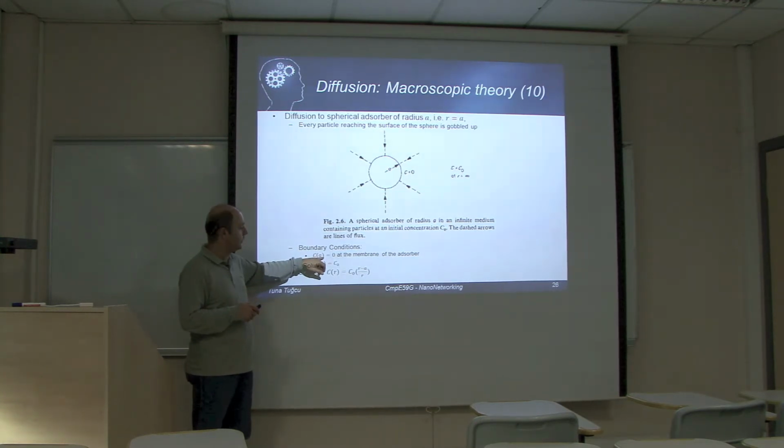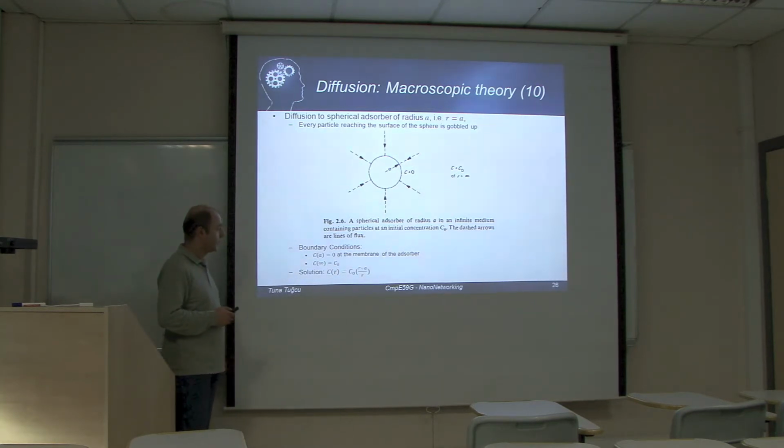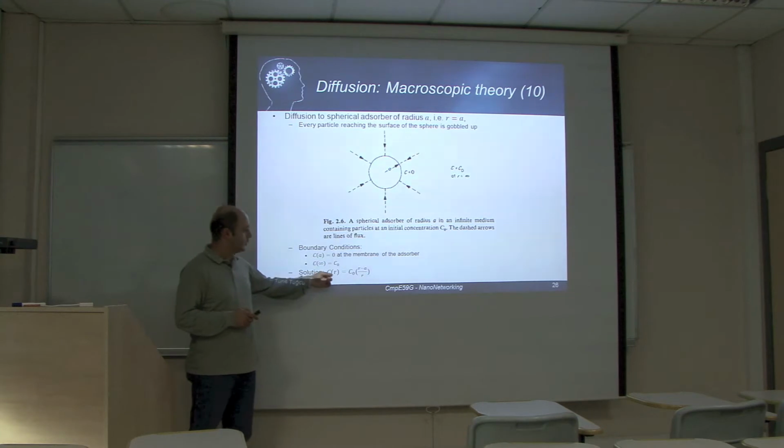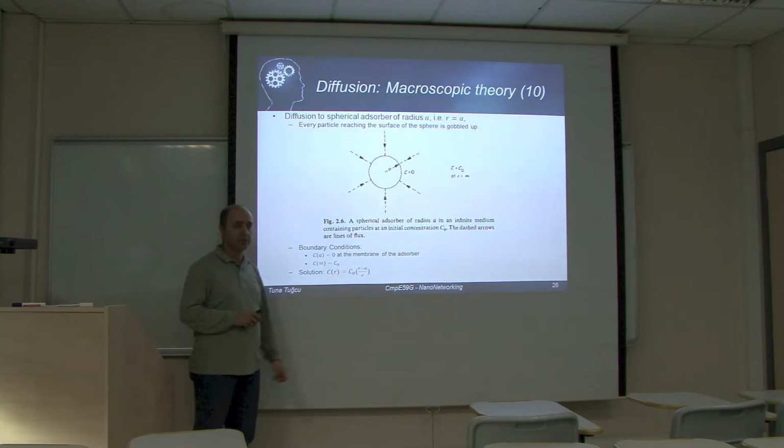So at the surface, it's always 0. And at infinity, at the source, it's some constant value C0. Okay? The solution would be that at distance r greater than or equal to a, it would be C0 times (r minus a)/r.